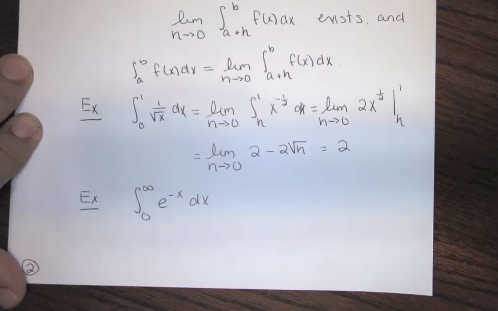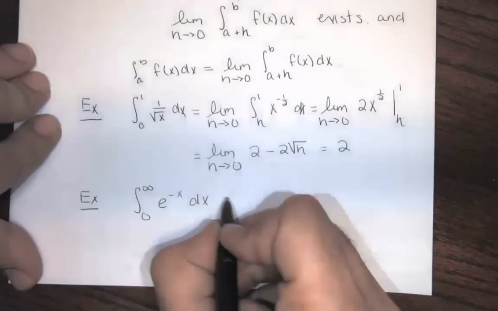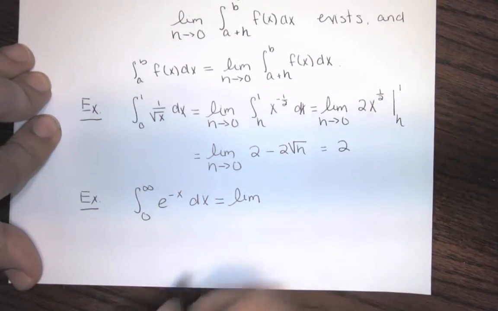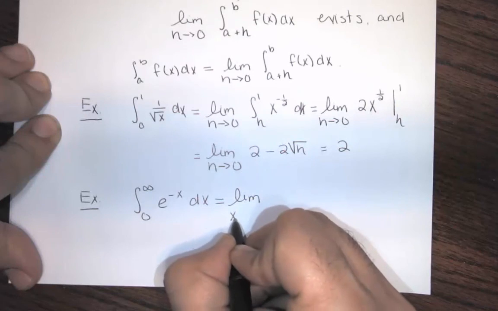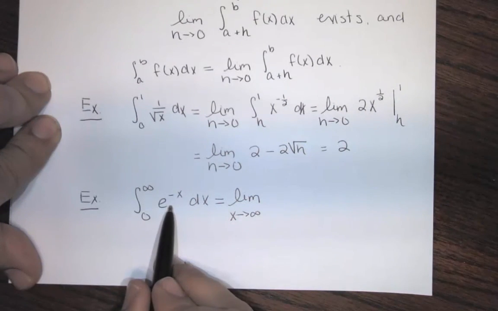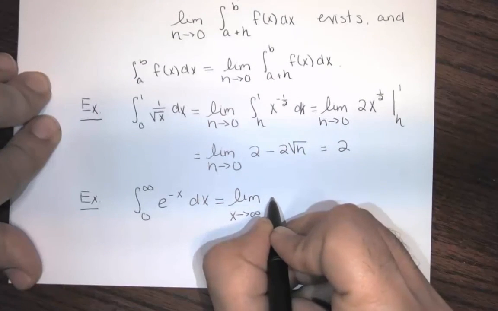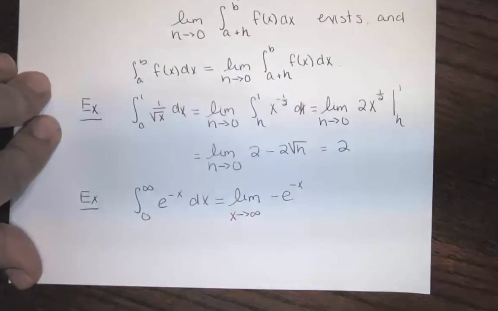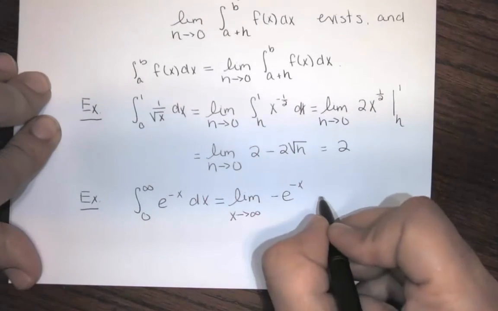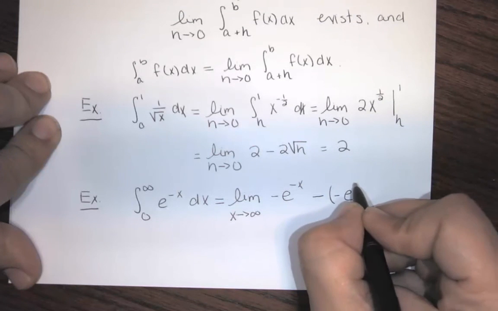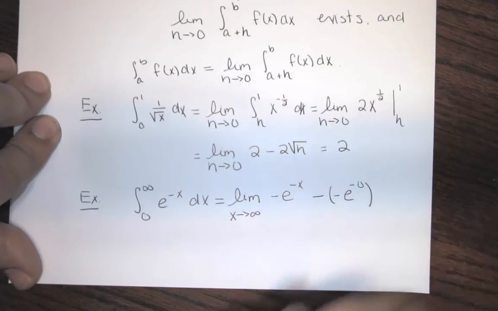is the integral from 0 to infinity of e to the negative x dx. Well, that equals the limit as x approaches infinity of the antiderivative of this, which is negative e to the negative x, minus negative e to the negative 0.